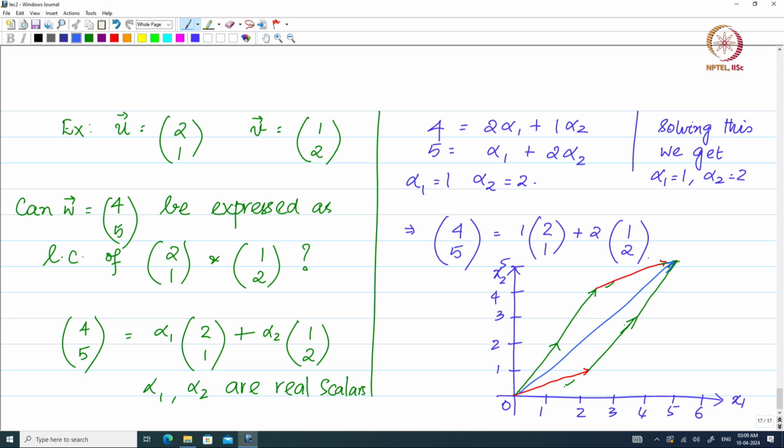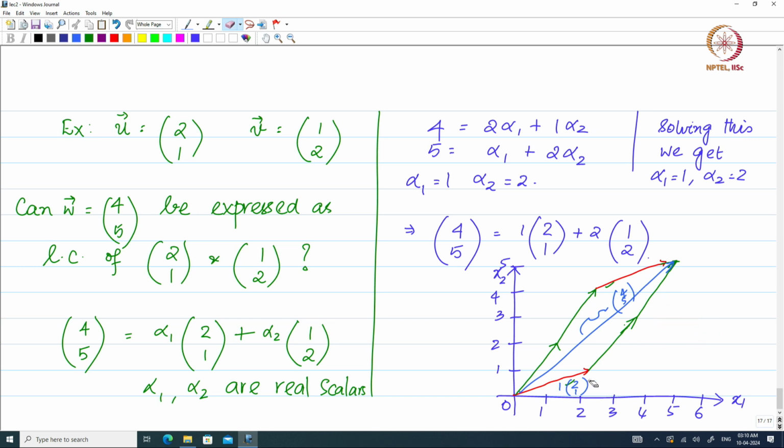So, this is 1 times (2, 1) and this is 2 times (1, 2), and that gives me this vector which is basically my (4, 5).